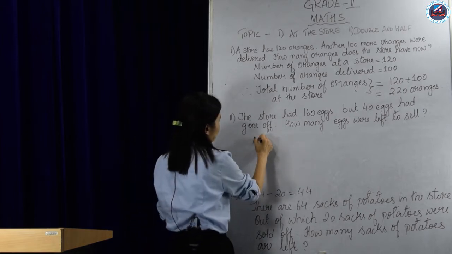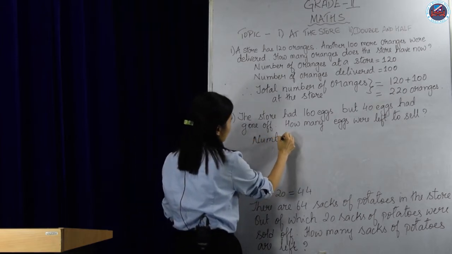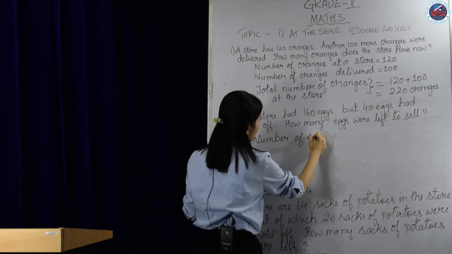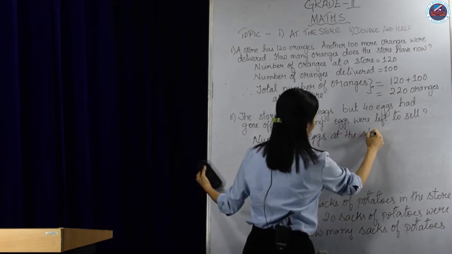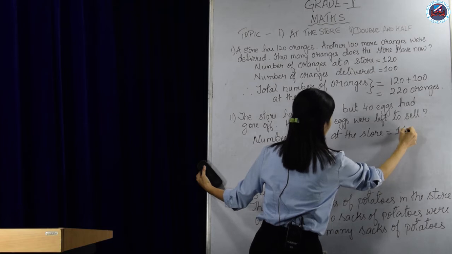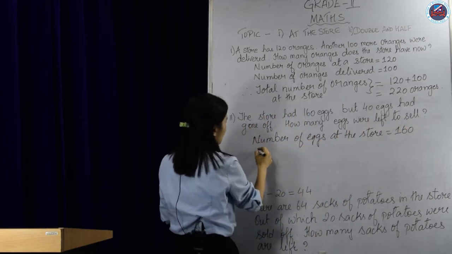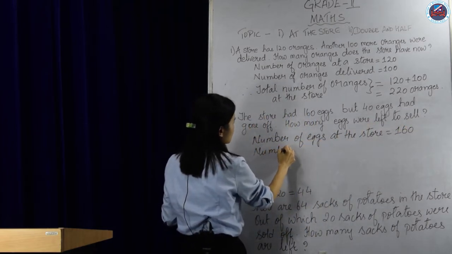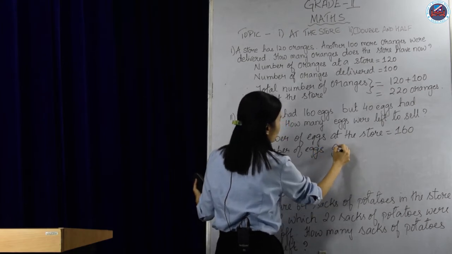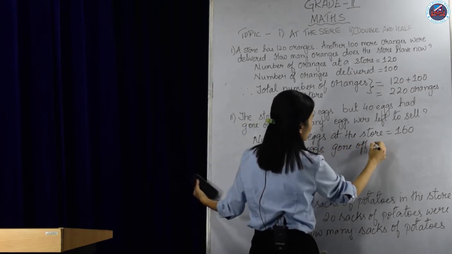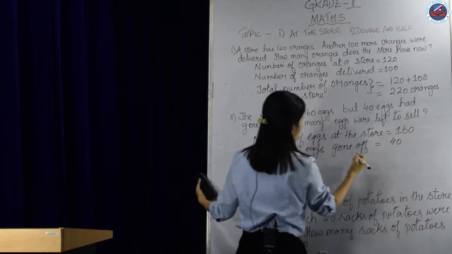So number of eggs at the store equal to 160 eggs. Number of eggs gone off or sold off equal to 40.